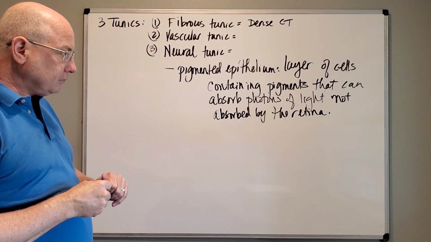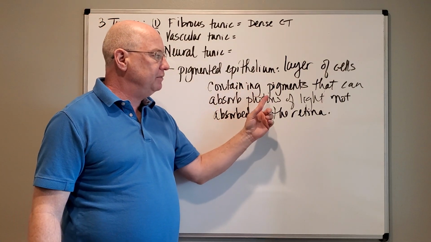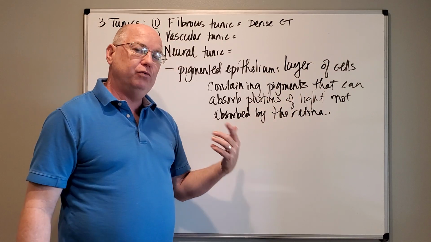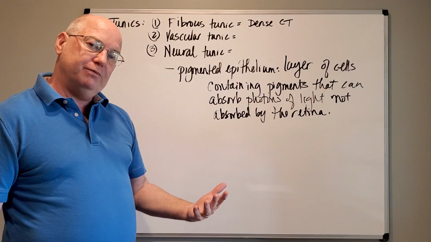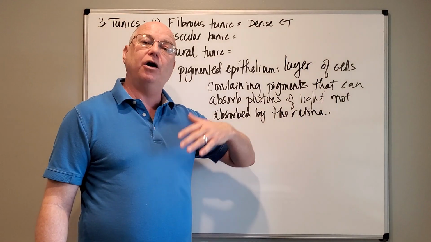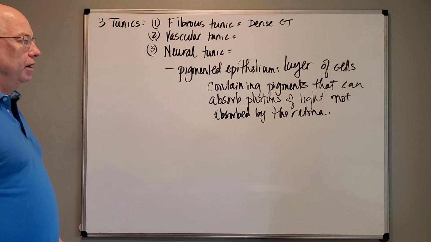Okay? We can say that the pigmented epithelium is a layer of cells that contains pigments that can absorb the photons of light that are not absorbed by the retina or by the photoreceptors. And sometimes we say that it absorbs those photons of light that are outside the visible spectrum because it can absorb some of those. All right?